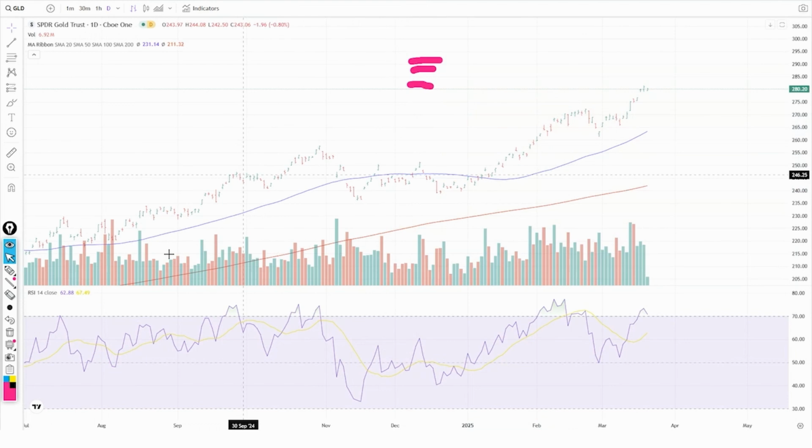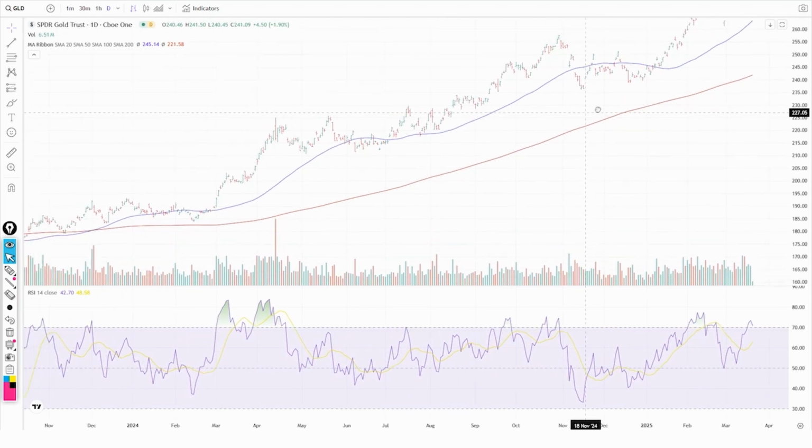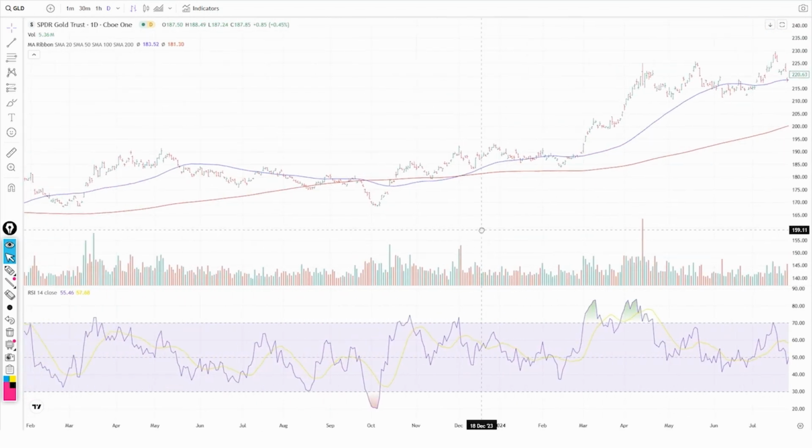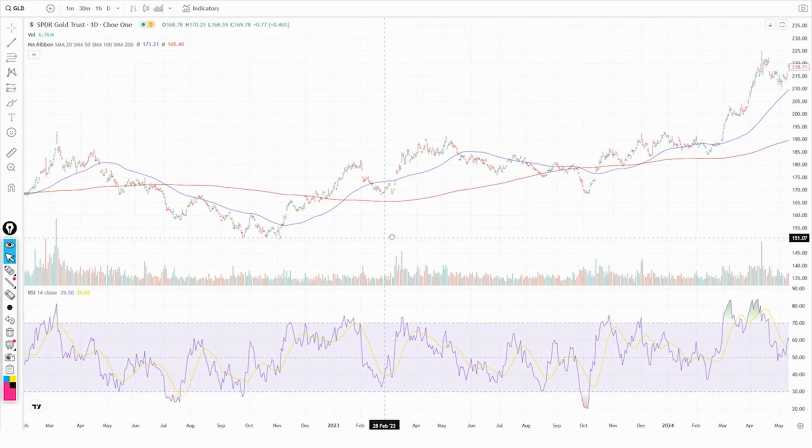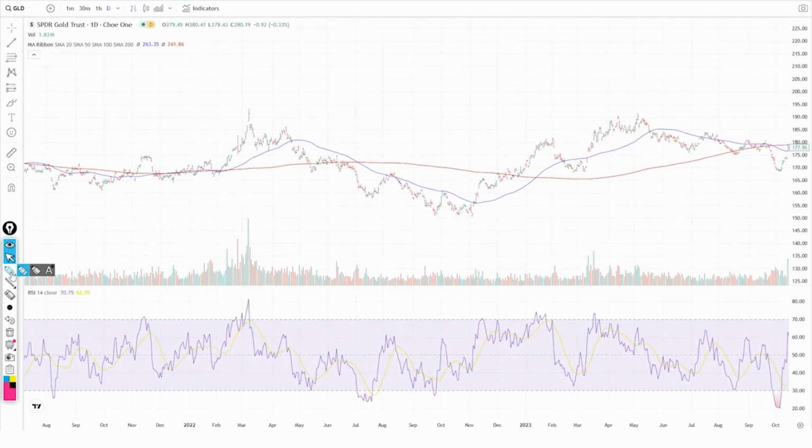And then, of course, you still have the 50-day moving average that right now has been pretty supportive of the price. But if you notice on GLD, it's not as firm a support or resistance level. There are times where it has bounced off of it, but for the most part, the price kind of meanders up and down around that 50-day.